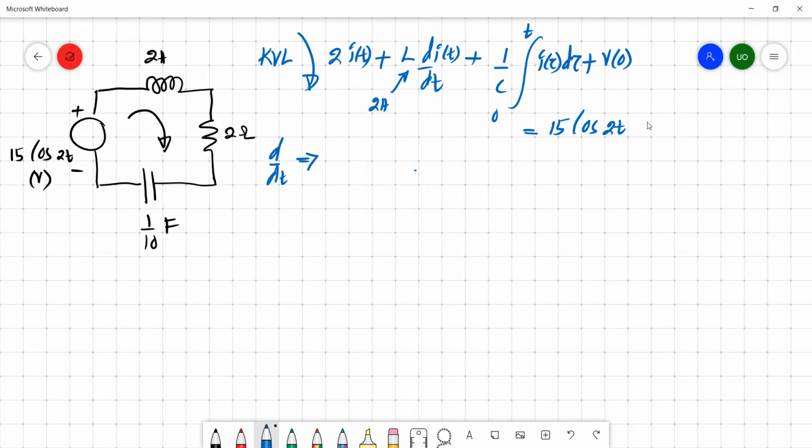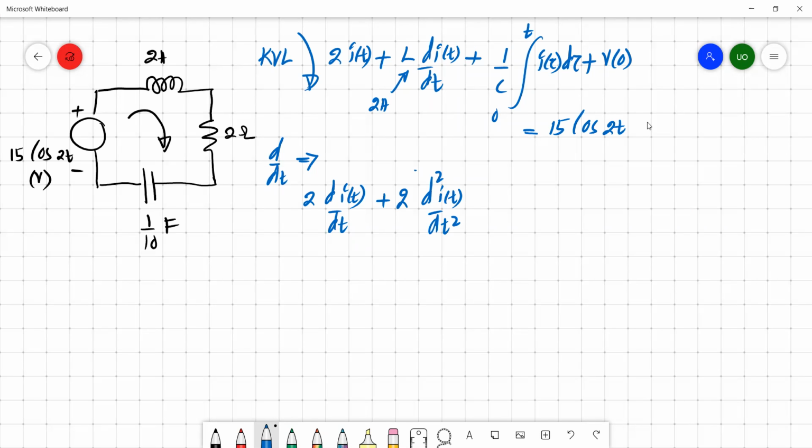Then we have 2 times the derivative of this current, plus L, which equals 2, times the second derivative, d squared i over dt squared.